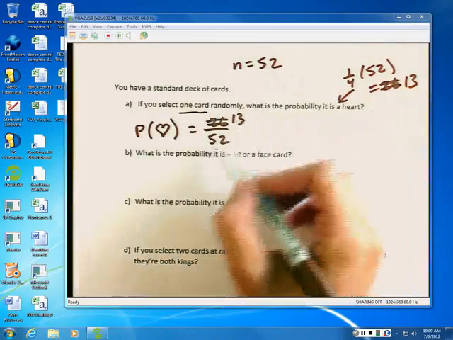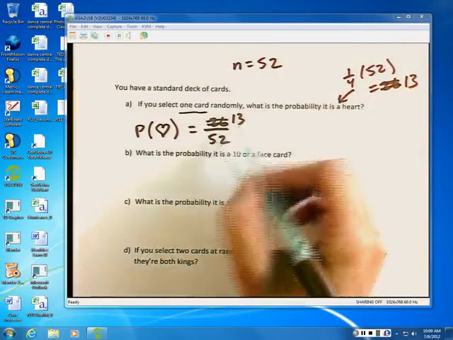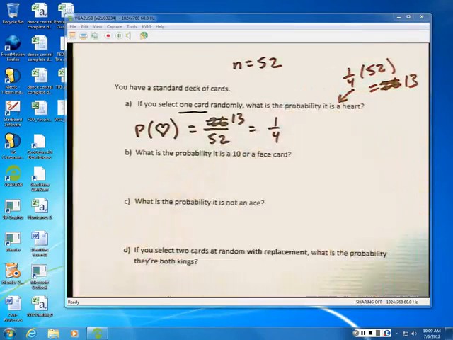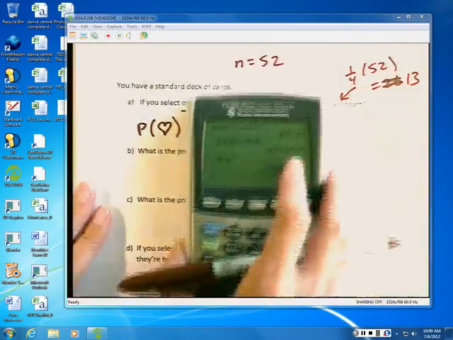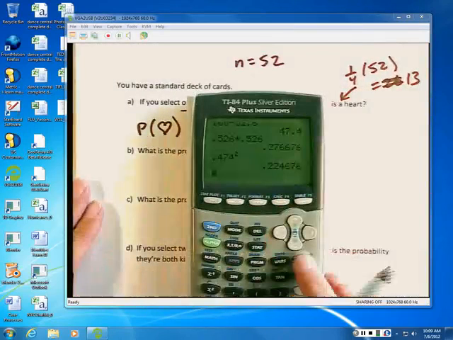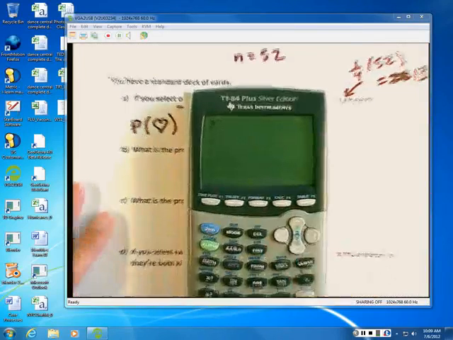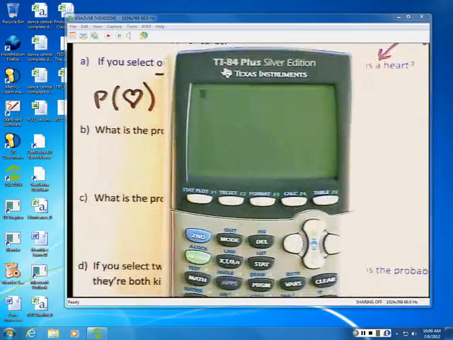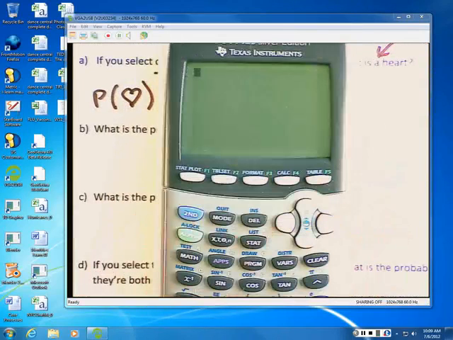So you can divide this down, but if you're not good at dividing it down, or if you don't recognize that it should be 1/4, your calculator will simplify these for you. So I'm going to hit clear just so you can see what's going on better. And in my calculator, I'm going to put in the 13 over 52. You can hit enter.